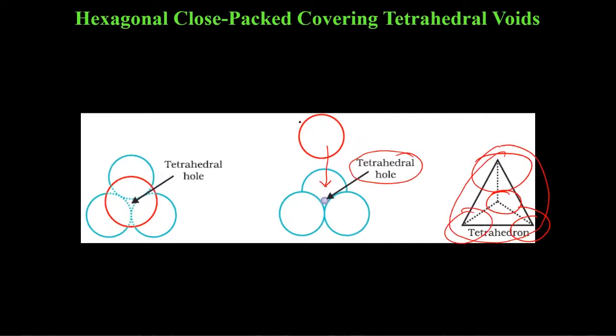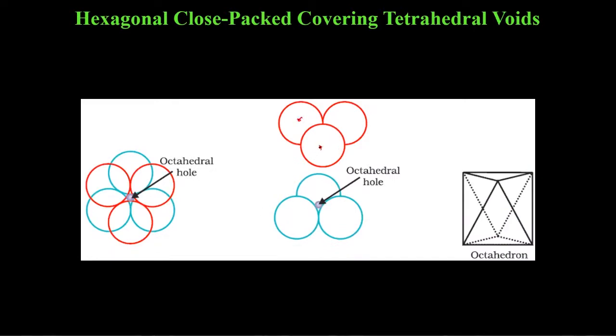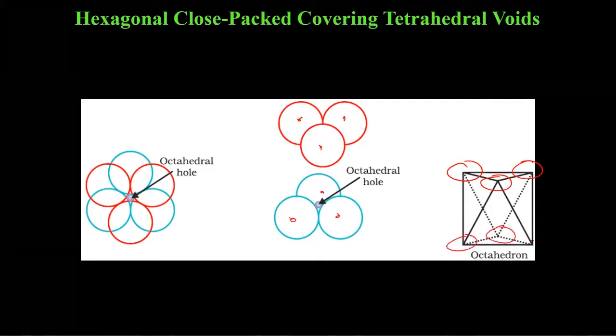So three atoms at the top and three atoms at the bottom. When they are arranged, they form an octahedron. Total eight faces there: six vertical faces and two horizontal faces, top face and bottom face.